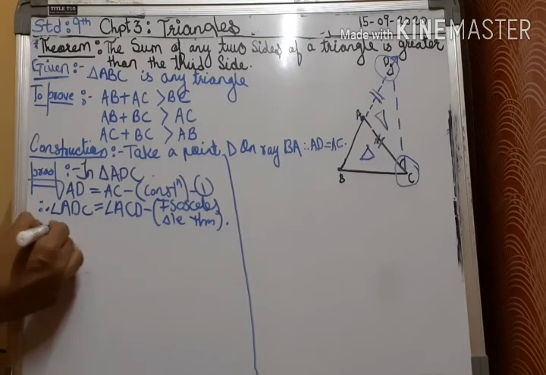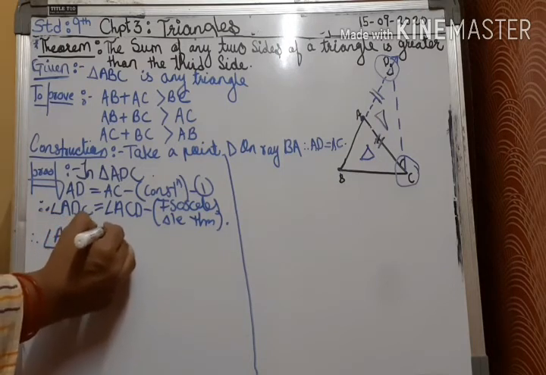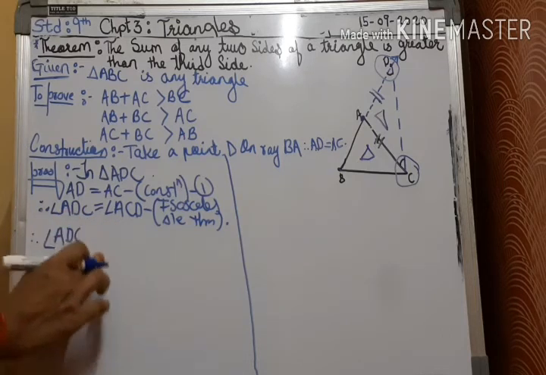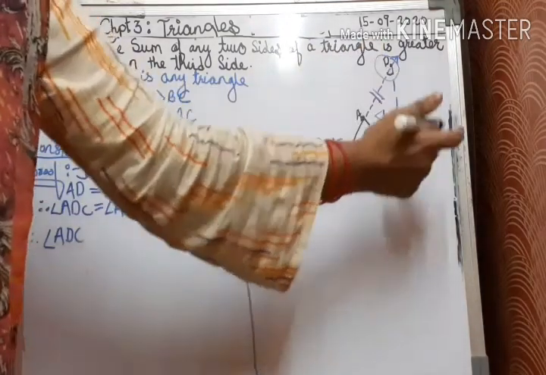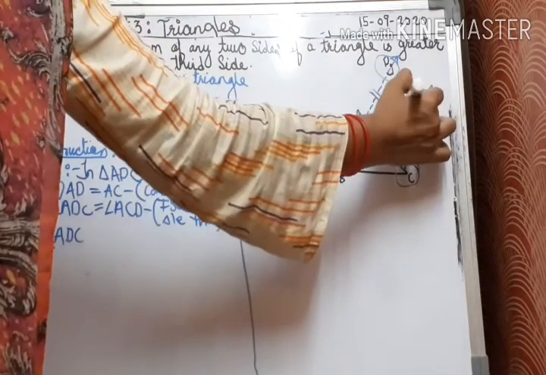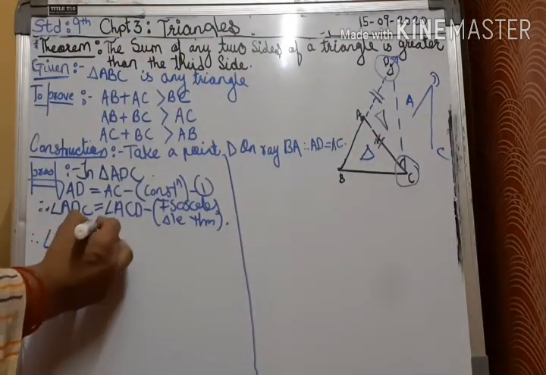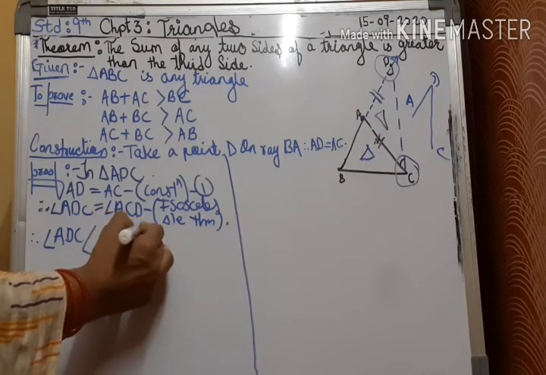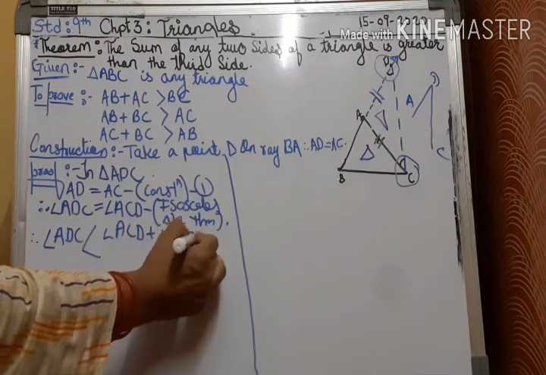Therefore, angle ADC is greater than angle ACD plus angle ACB.